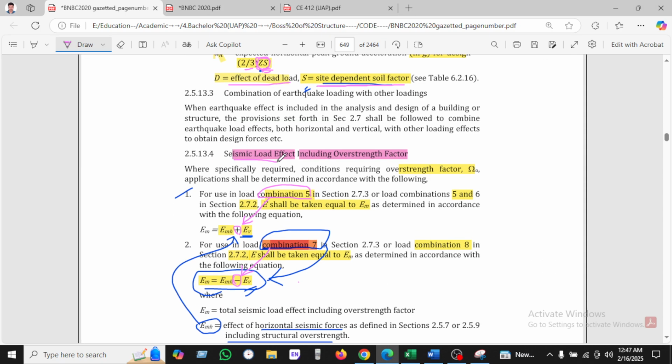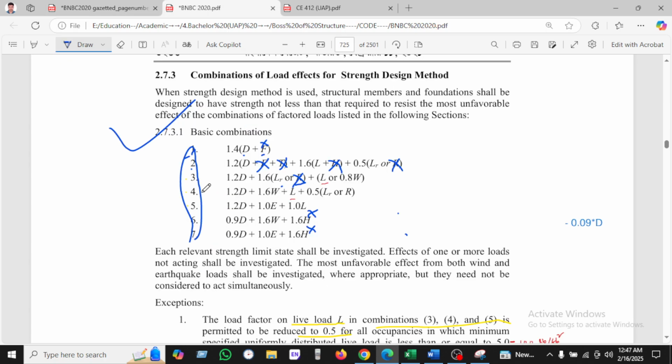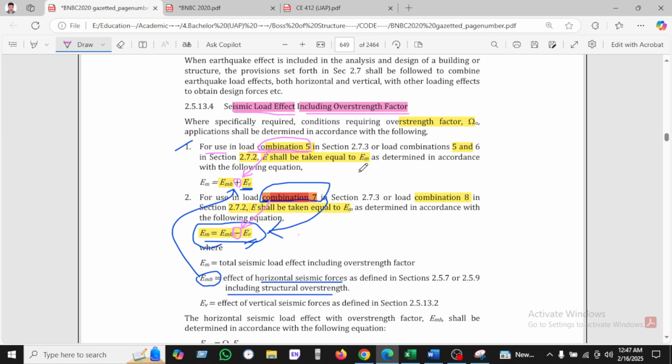Here this is the seismic event including the overstrength factor. So if we see here, using load combination 5, this is the 5 load combination. If we calculate in load combination 5, and in section 2.7.2.0, E shall be taken equal to EM as determined in accordance with the following equation.